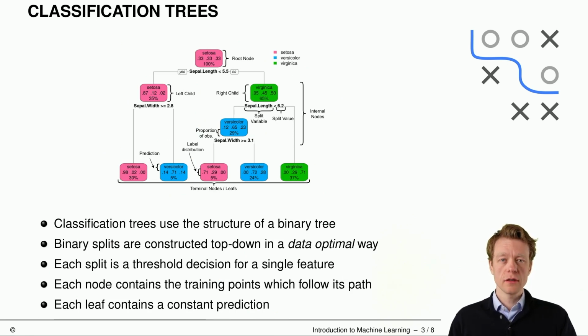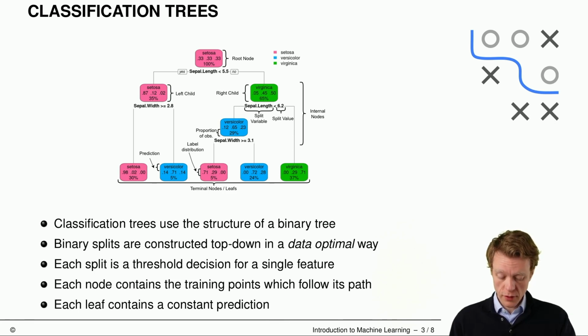As said before, trees can be used as well for classification as for regression. First, we will speak a little bit about classification trees, and then we will speak about regression trees. So here you see a classification tree, which also uses the structure of a binary tree.